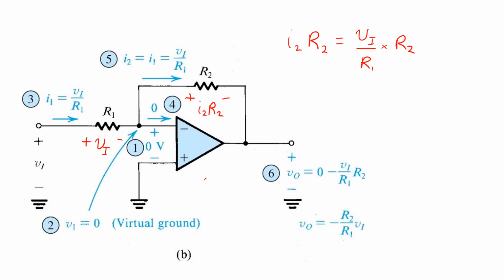The final step in the analysis is to find the output voltage, VO, which may be written as the voltage at this terminal, V1, our virtual ground, 0 volts, minus the voltage drop across this resistor, which we just found. So we substitute that in here. The result is that we find the output voltage is equal to negative R2 over R1 times VI. The gain, therefore, of an inverting configuration, assuming an ideal op-amp, is negative R2 over R1. That's an important expression that it's worth remembering.